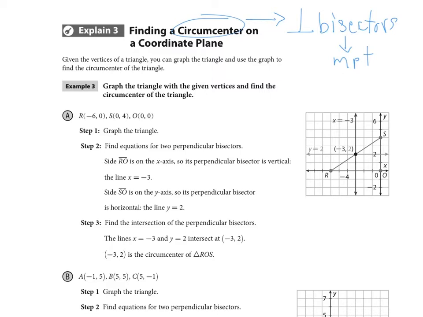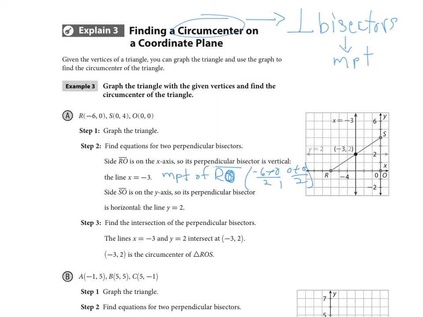And how do we know it's the line x equals negative 3? Because that, you guys, is the midpoint of segment RO, not RS, sorry. And that would just be by taking the coordinates R and O and doing the midpoint formula with them. So negative 6 plus 0 over 2 and 0 plus 0 over 2, again with these coordinates R and O here.